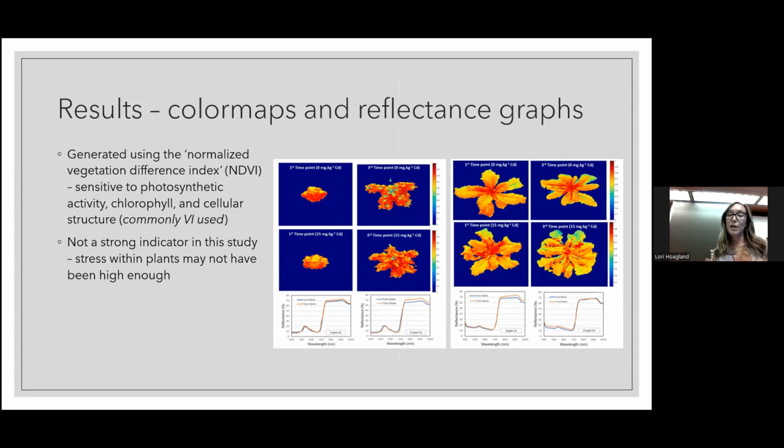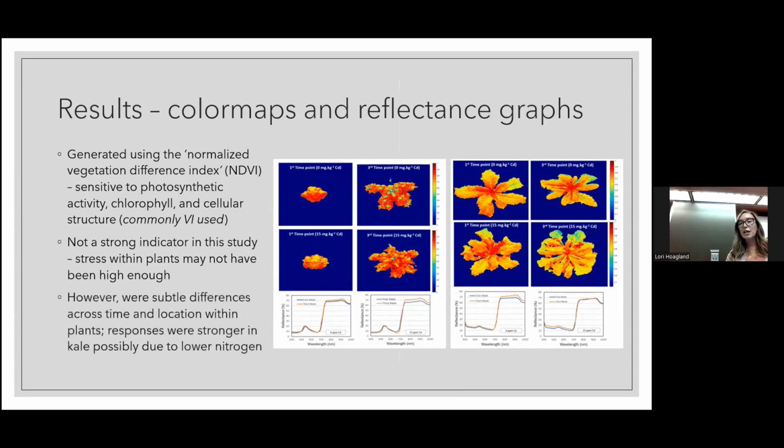And we think maybe the plants weren't quite stressed enough. But when we really zoomed in and looked at all of these little pixels, we could start to pick up some very subtle changes, especially in kale, like around the leaf margins. And we think that might have been due to the fact that overall kale just had lower nitrogen relative to the basil.